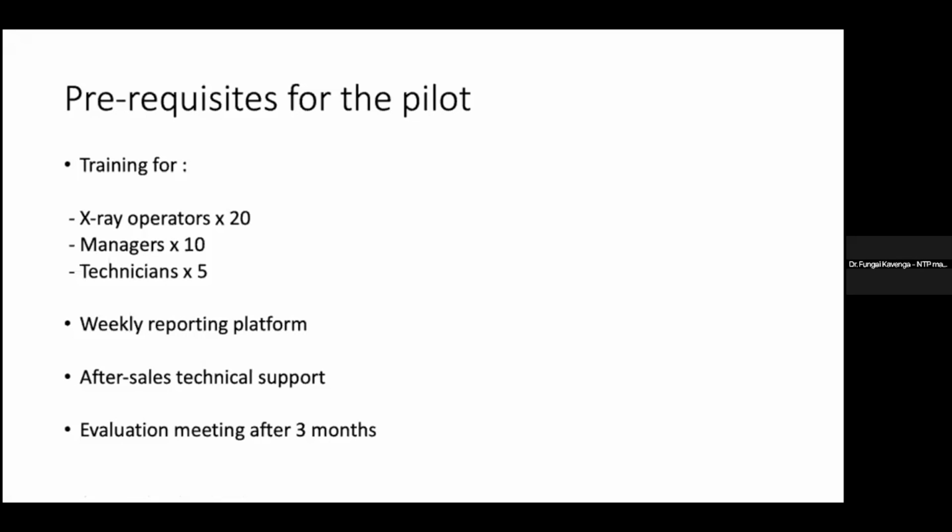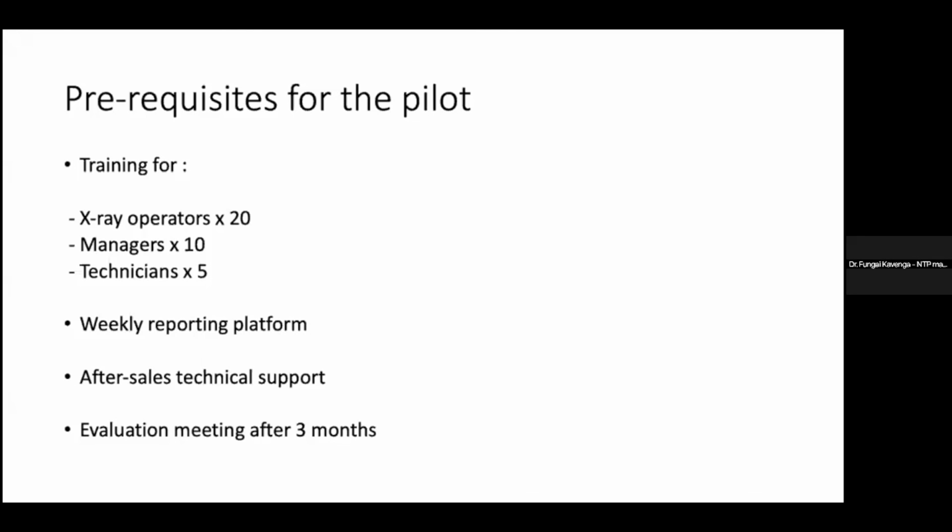So as we are planning to do the pilots, we've done a checklist of things that we need to put in place before we implement the pilot of the portable X-ray machines. First thing is capacity building for the X-ray operators, the managers in the provinces, and technicians.